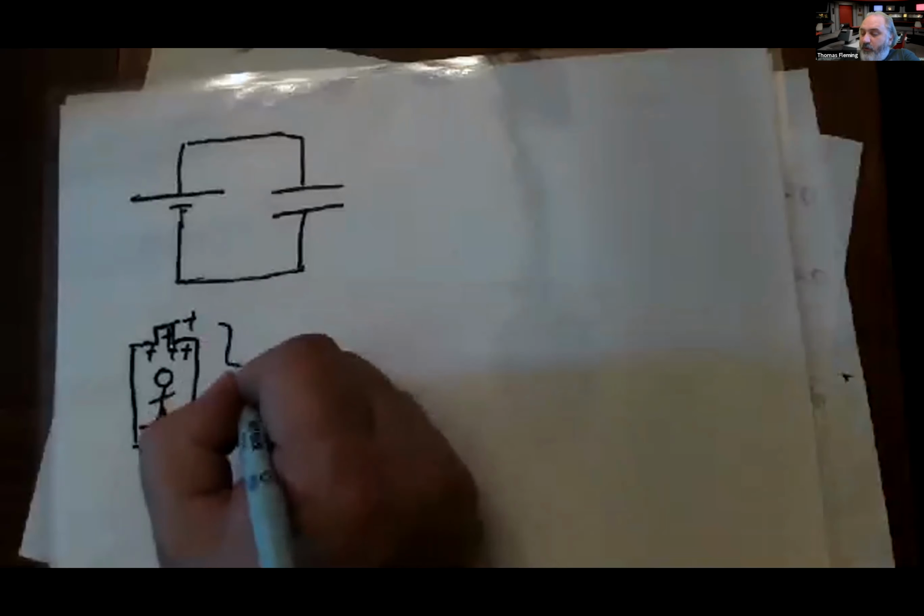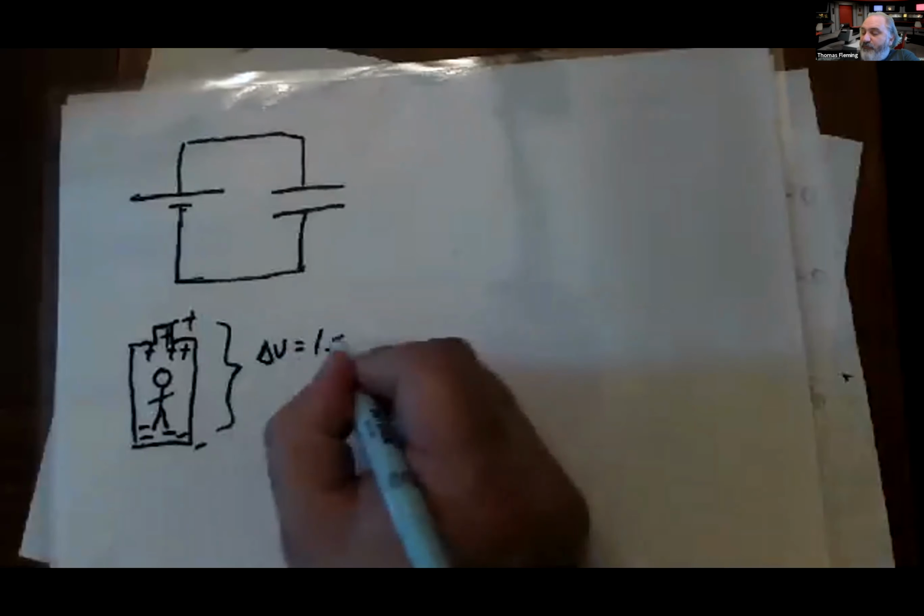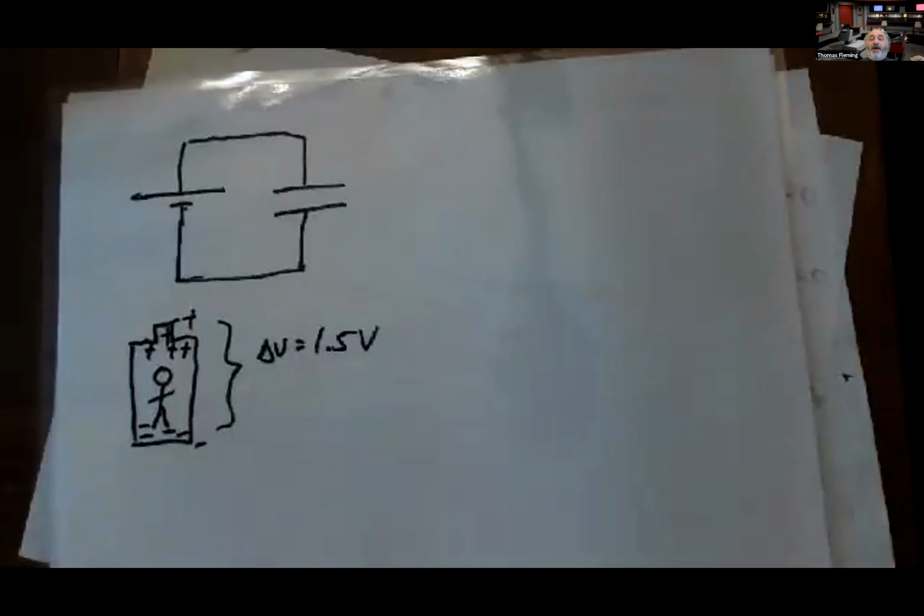So if it was a Duracell battery, the potential difference across that would be, for a Duracell, like 1.5 volts. If it was a 12-volt battery, it would be 12. It's whatever the particular potential of that battery is. The elf's job is to keep charges separated until that potential is equal to whatever that value is. He wants to keep that voltage constant at all costs.